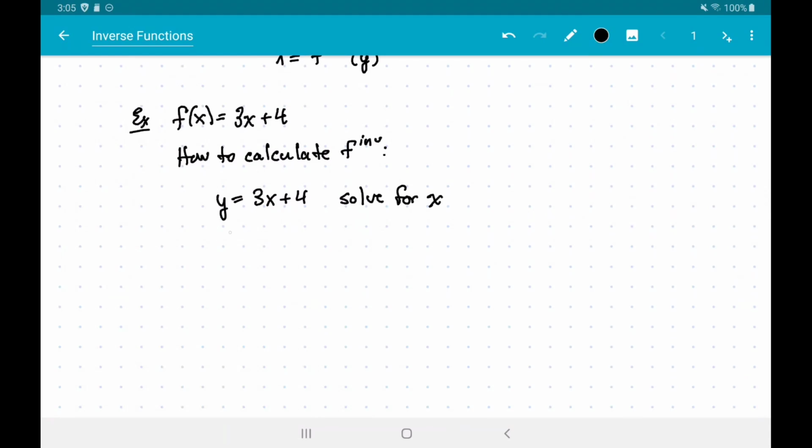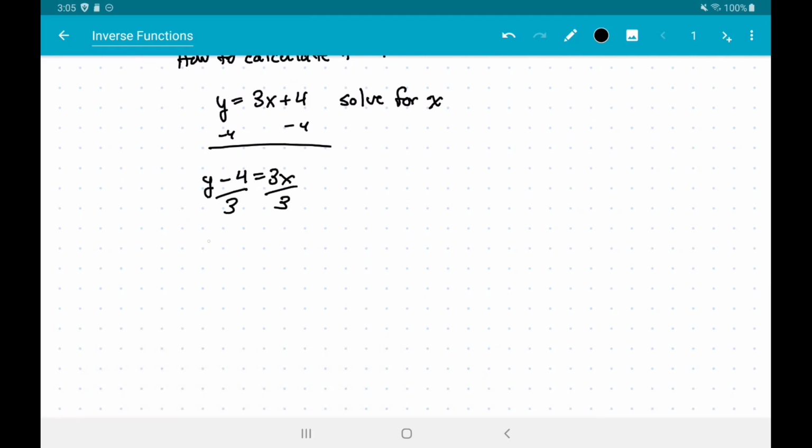I'm going to subtract the 4 from both sides. It gives me y minus 4 equals 3x. Then divide by 3 on both sides, and that gives me y minus 4 all over 3 equals x. So f inverse, and I'll use y as the input parameter to f inverse, is y minus 4 over 3.